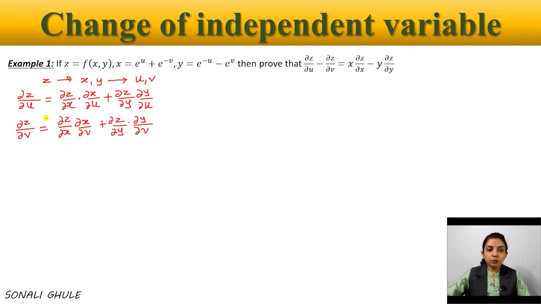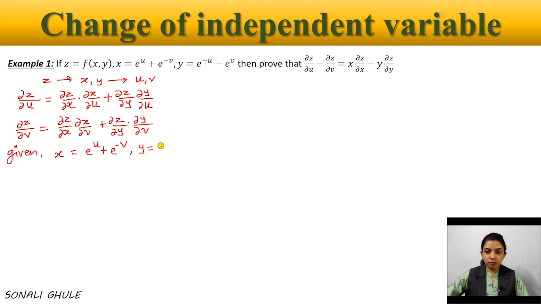To find z with respect to u, I have to find all these 4 derivatives. First of all, you have to write the given part. What is given to you? x is equal to e to the power u plus e to the power minus v.